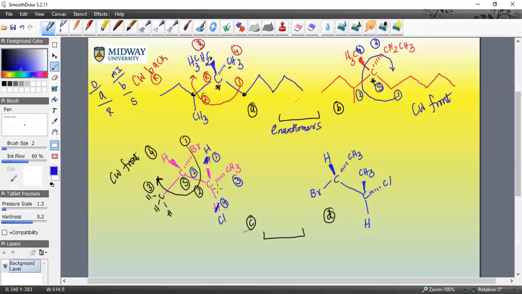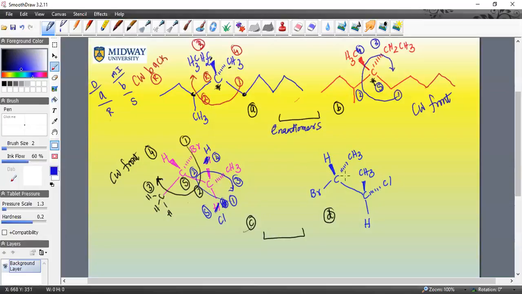Now that'll change everything, right? So this will now become 1, this will be 2, 3, and that'll be 4, right? So 1, 2, 3, that's still clockwise, and it's in the front position, so this is S, right? Very good.